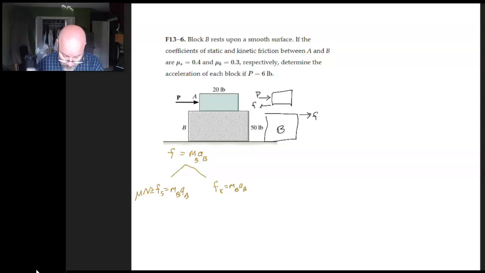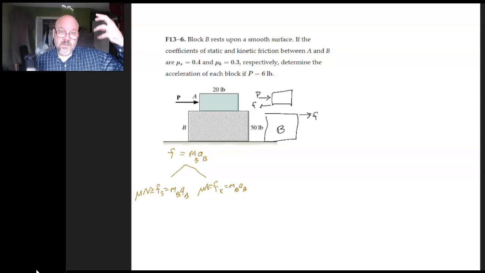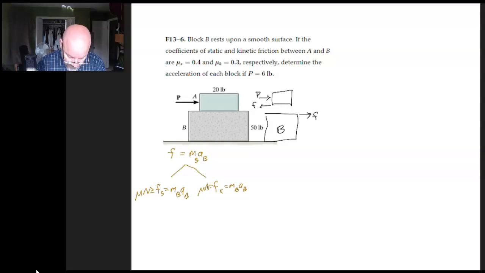On the other hand, if it's kinetic friction, M_B A_B is just equal to mu times the normal force. There's no inequality sign. In this scenario, our normal force is just the weight of the top block, 20. So this is mu static, and this one's kinetic, by the way.